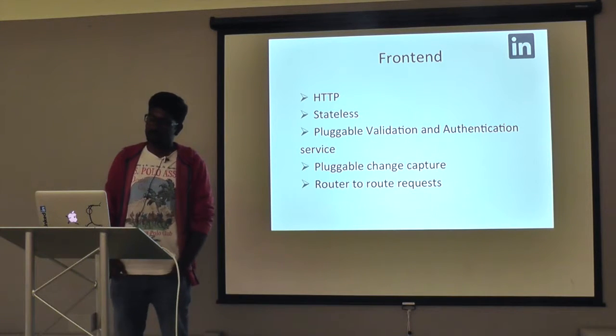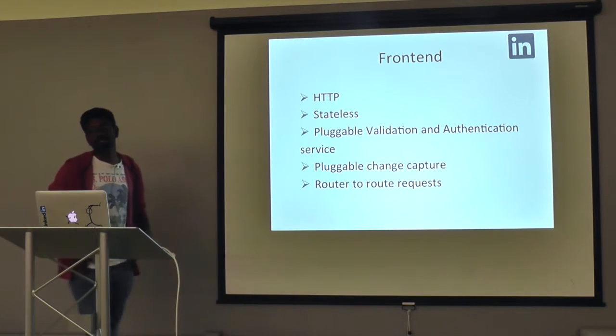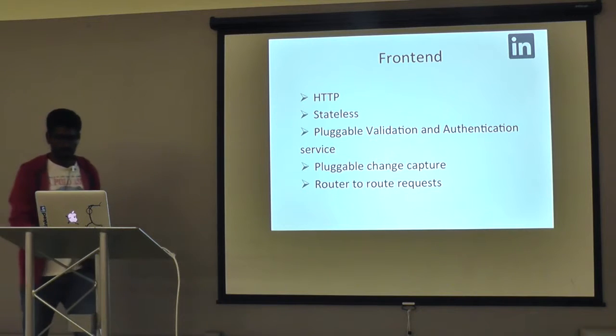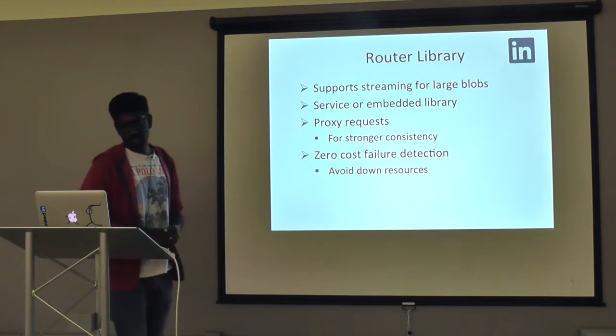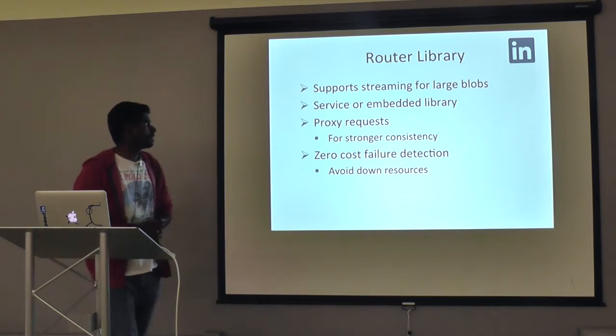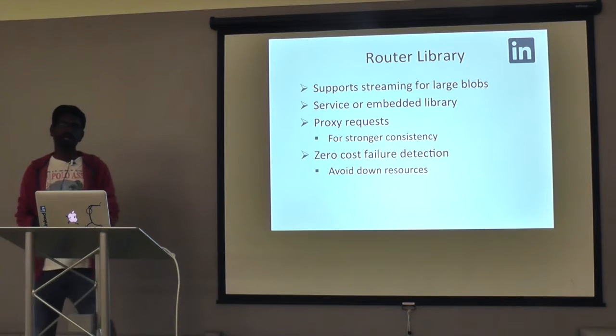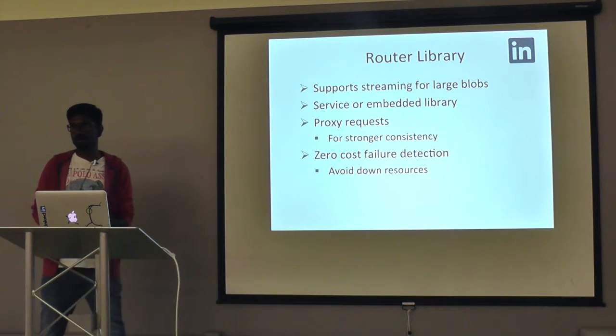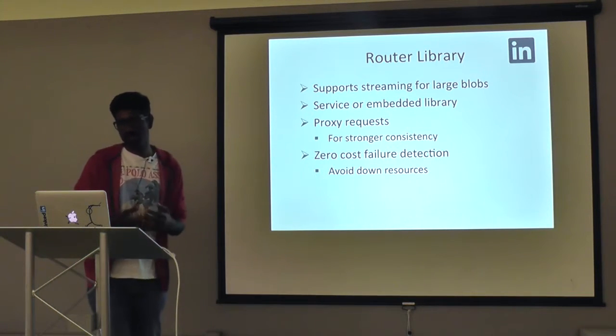And then front end embeds a router which actually does the routing for you. We can look at what are the other characteristics of the router. As I told, router is a main library which does the routing for you, which takes care of carrying on the operations on your behalf.